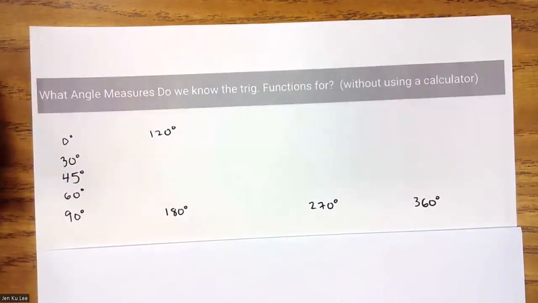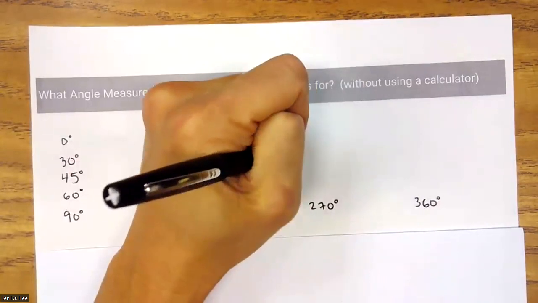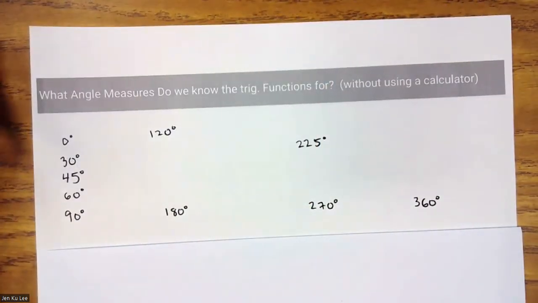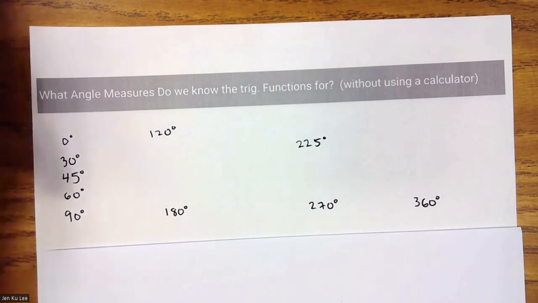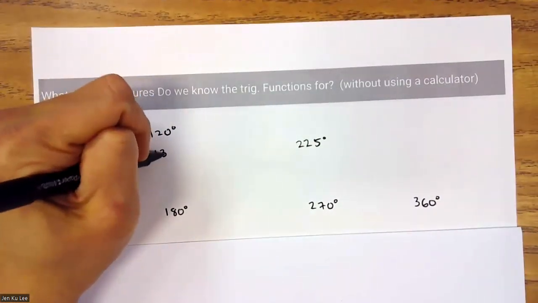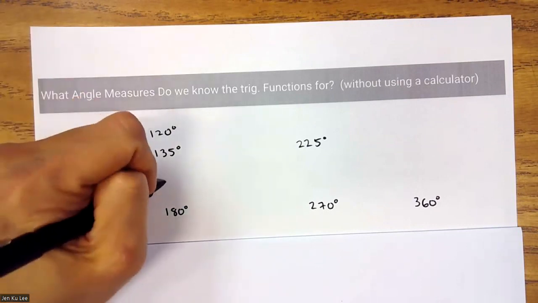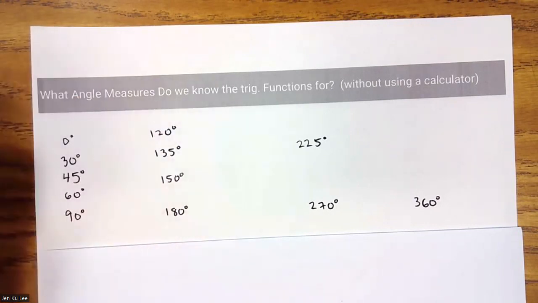Because they're the same angle. 225, we do know. 135. 150. Yes. What else?